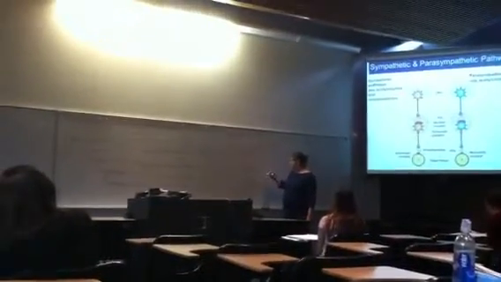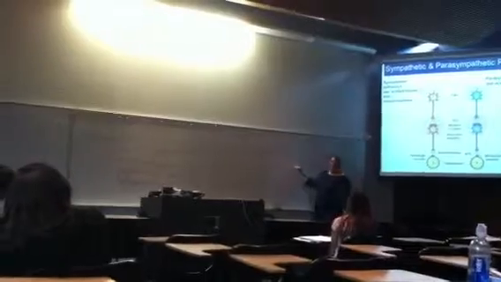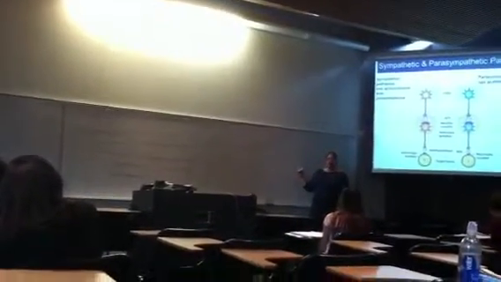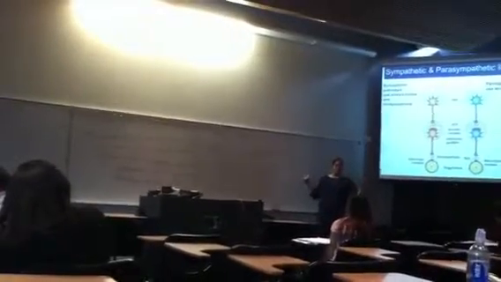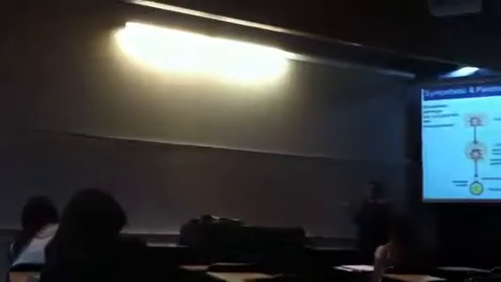And it's going to bind to what receptors? Adrenergic. And we have two different sets. We have alpha adrenergic receptors, and we actually have alpha 1, 2, 3, and 4. And we have beta 1, 2, 3, and 4. And I think we have gamma. So alpha or beta adrenergic receptors.